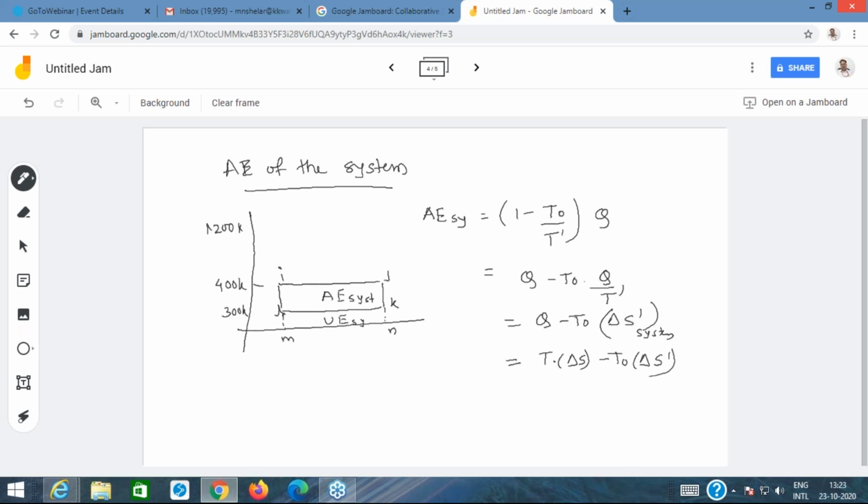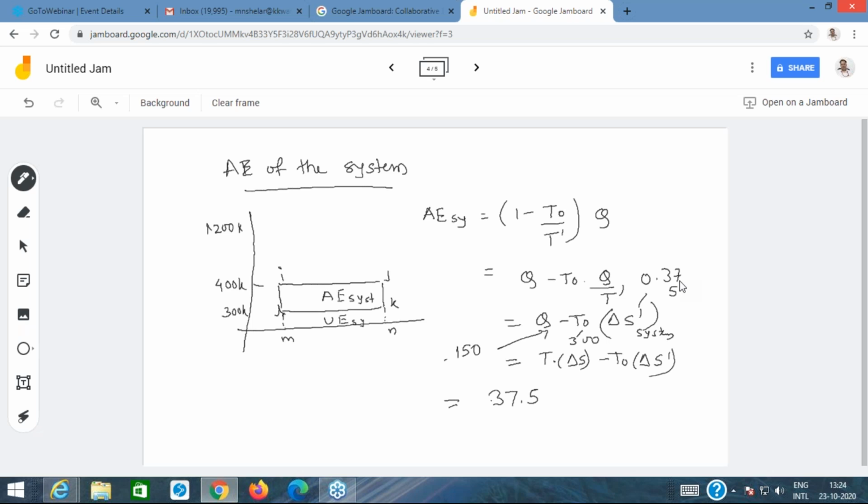Now putting in the values: delta S dash is 0.375, the dead state temperature is 300, and Q is 150 kilojoules per second. Substituting these values, you get 37.5.